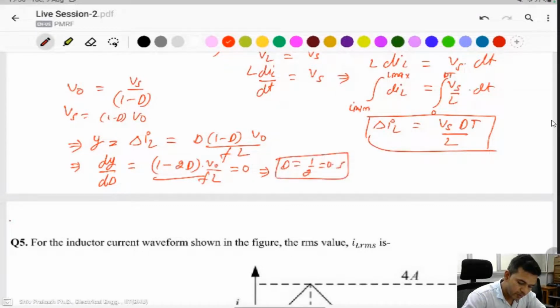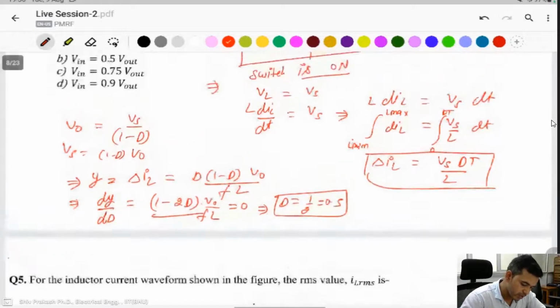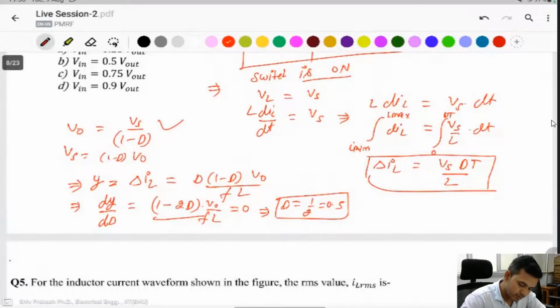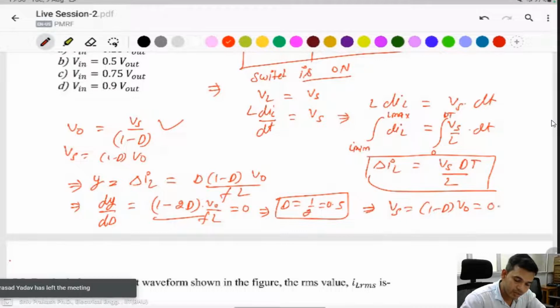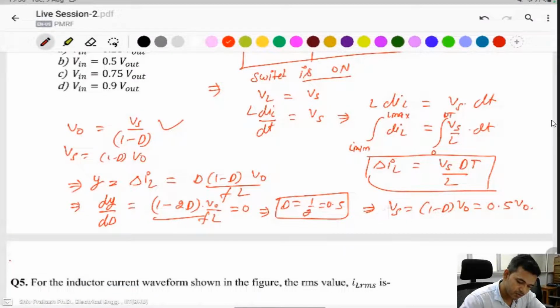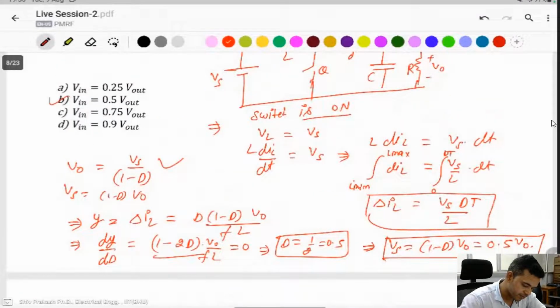If d is 0.5, then you put it here and find Vs is equal to 1 minus d into V naught, with d equal to 0.5, so 0.5 into V naught is the answer. So that is the option.